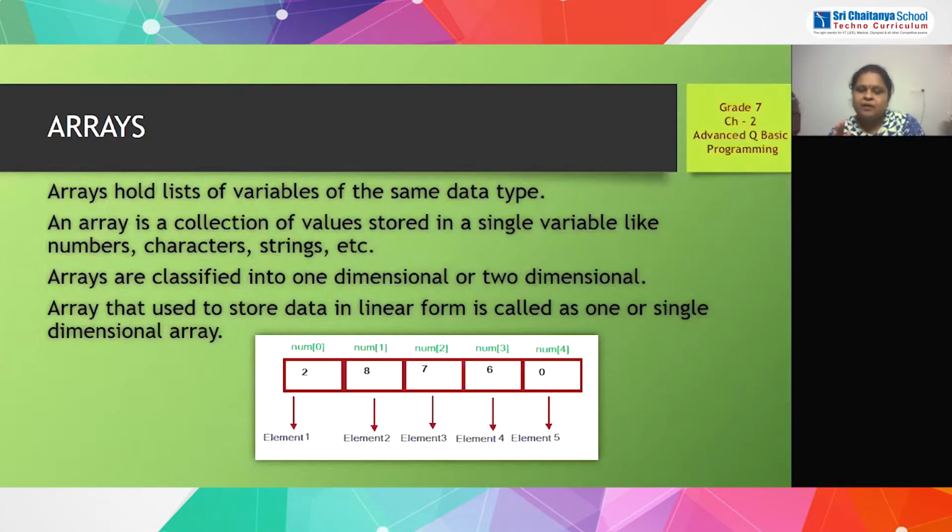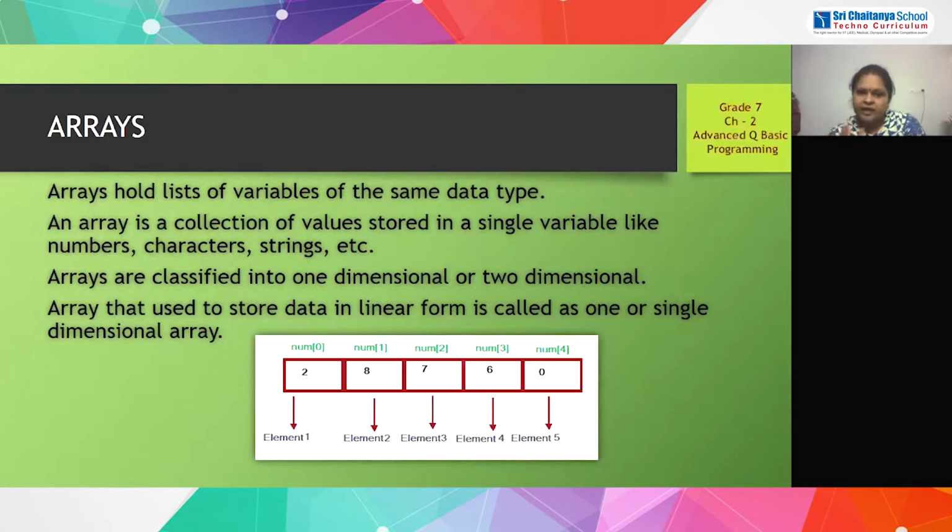For example, if I want to read the ages of 20 students, it will create age 0, age 1, age 2, age 3, age 4, like that. It will create the variables, read the data and save it inside the variables.